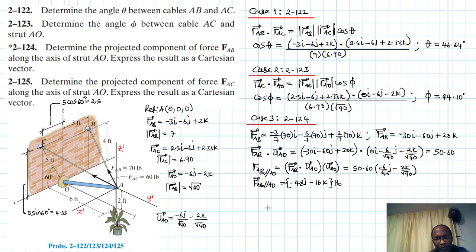Okay. So let's go to the next case, which is case number 4. That's 2-125. Alright. This is a little bit long. Sorry.